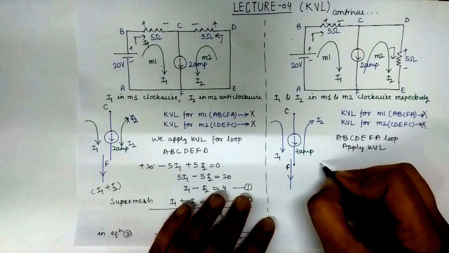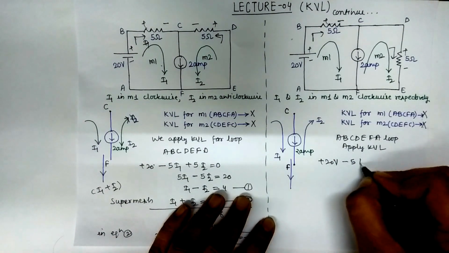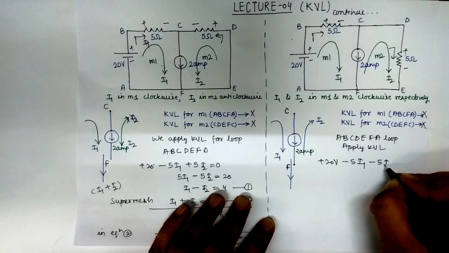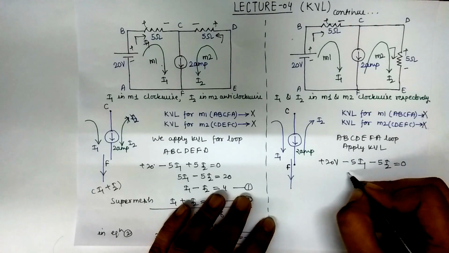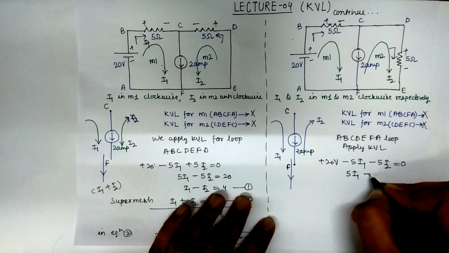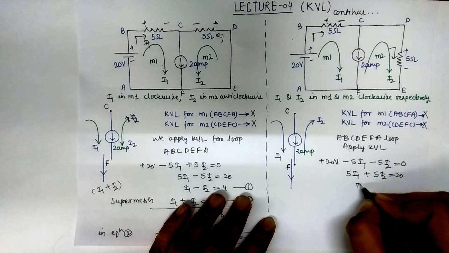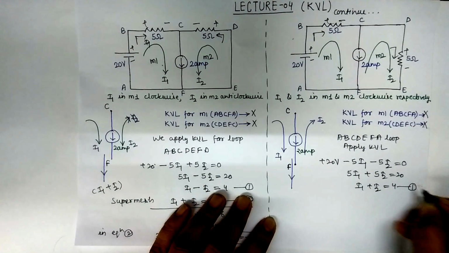Start from A, plus of 20 volt minus 5I1 minus 5I2 is equal to 0. So the equation is 5I1 plus 5I2 is equal to 20. It would be I1 plus I2 is equal to 4. Equation number 1.